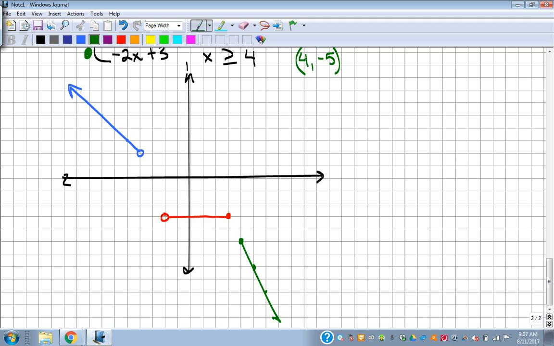On the left-hand side, like this side, the arrow should be going out that way. They may be pointing down, but it's always going that way. And it all depends on that inequality that's out there beside it. And they put them in order, left to right, when they do the inequalities.